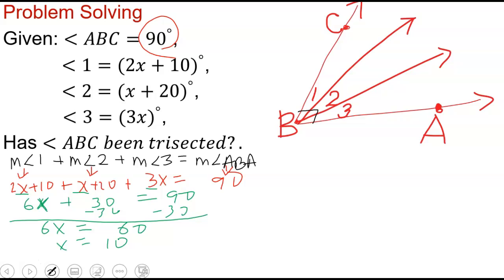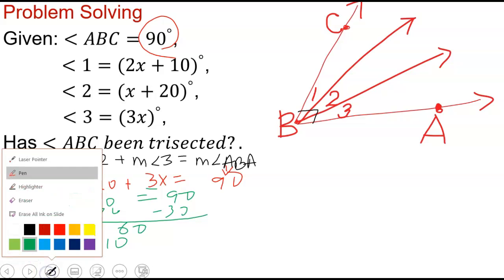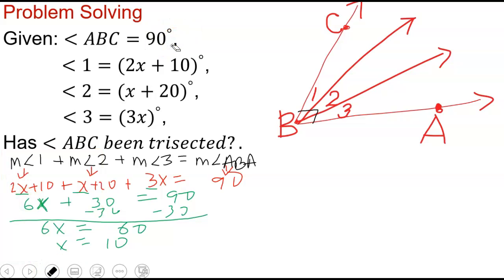Now that we know what x is, we can come here and substitute. So this is 2 times 10 plus 10. So 2 times 10 is 20. 20 plus 10 is 30. So angle 1 is 30 degrees.